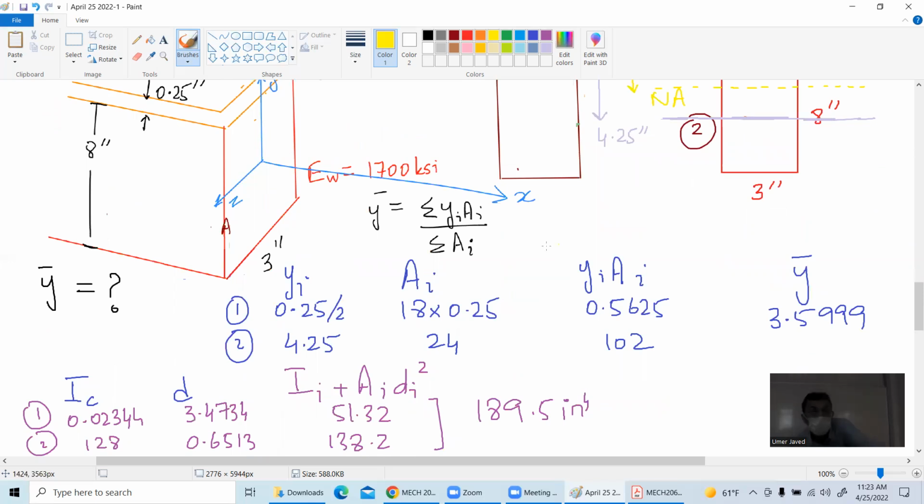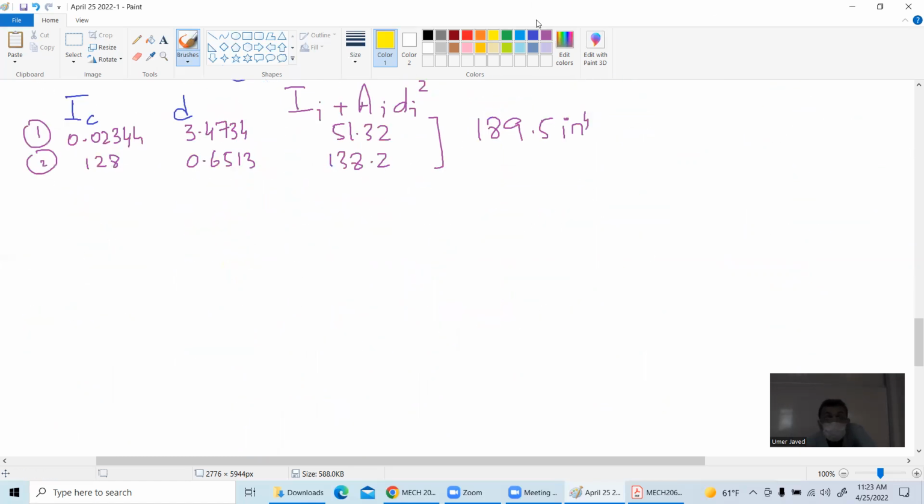Anyways, after doing all of this, you have to finish by saying stress max is equal to minus Mz y over Iz.